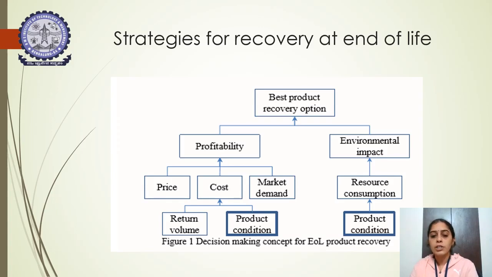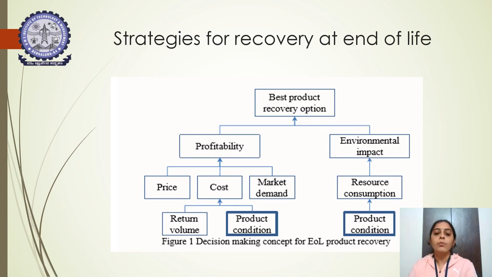What is the condition of the product when it is at the decline stage? What are the returns and the sales it is getting, and is it comfortable enough for the customers? Does the product have many customers or fewer customers, whether the sales and returns are more or less? Everything you have to check for identifying the condition of the product.